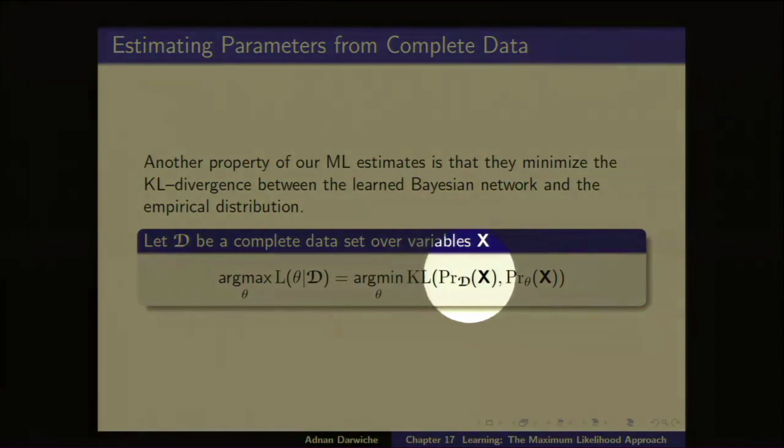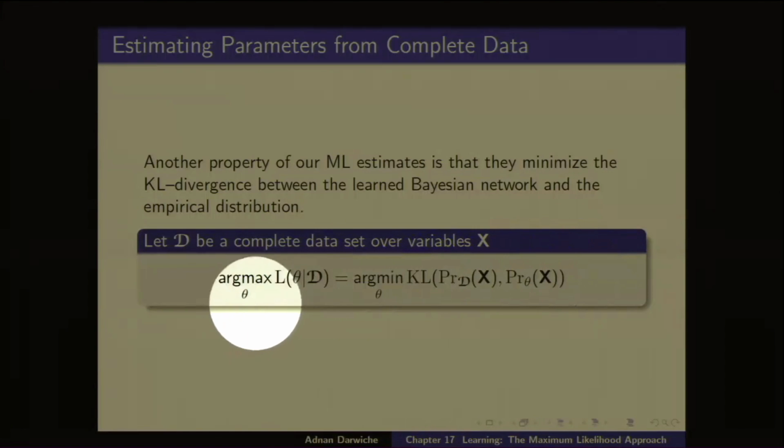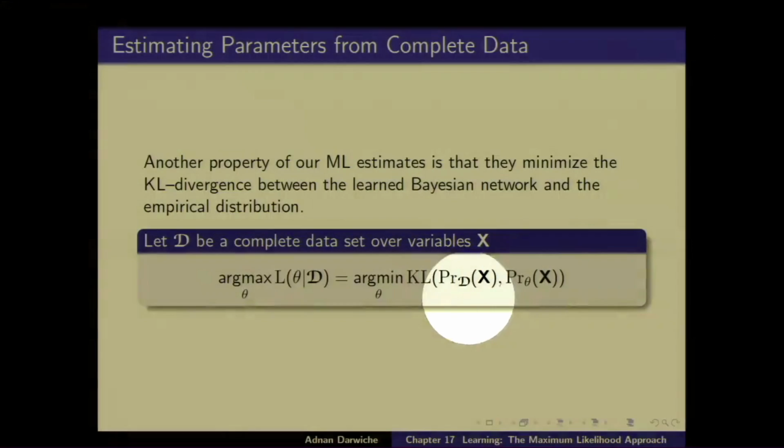If you look at the empirical distribution, the distribution that you just get from your data set, and you look at the distribution induced by the Bayesian network using a set of parameters theta, then it's meaningful to say, what is the KL divergence between the distribution induced by the Bayesian network under these parameters and the empirical distribution? The parameters that maximize likelihood are the ones that minimize the KL divergence.